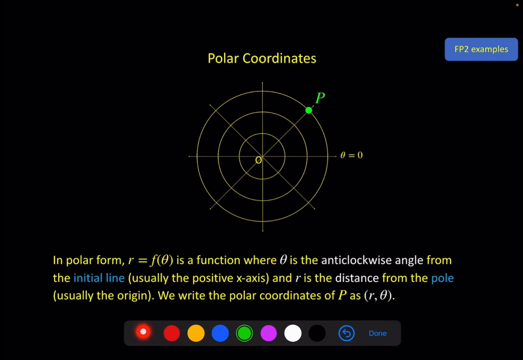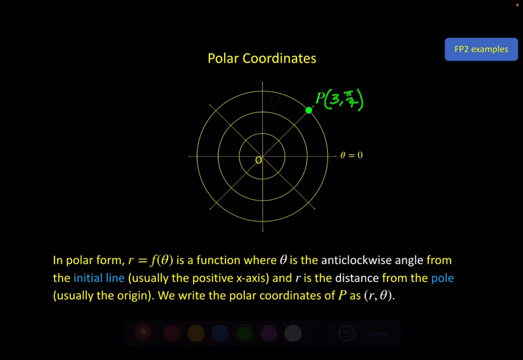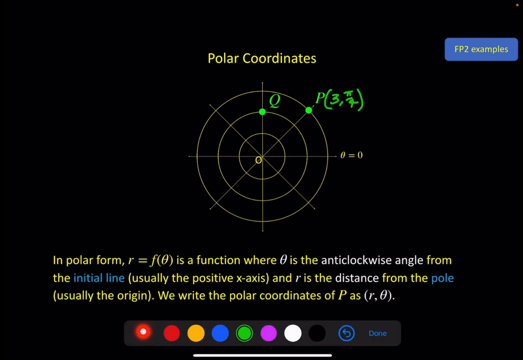So our coordinates for P are r is 3 and theta is pi by 4. For Q here, the radius is 2 and the angle is pi by 2. Keep going around and for R here, the radius is 1 and the angle is 3 pi by 2.